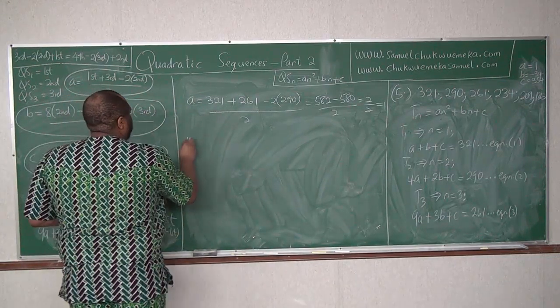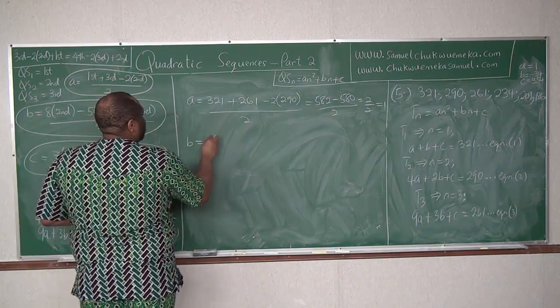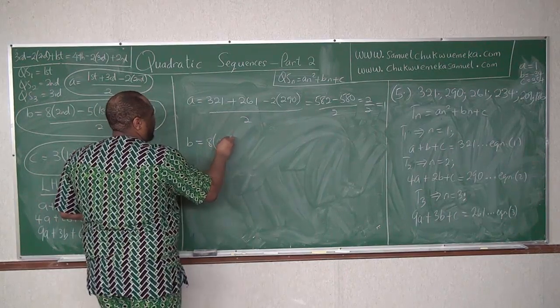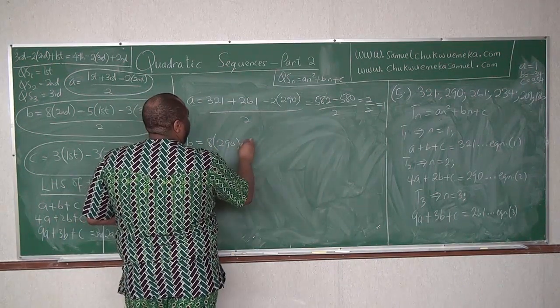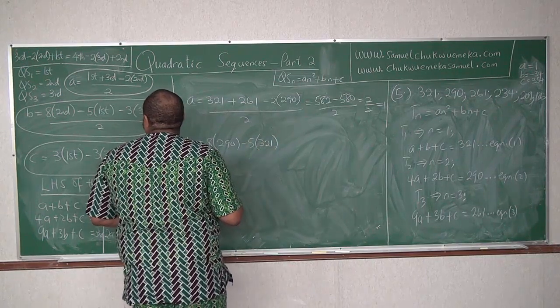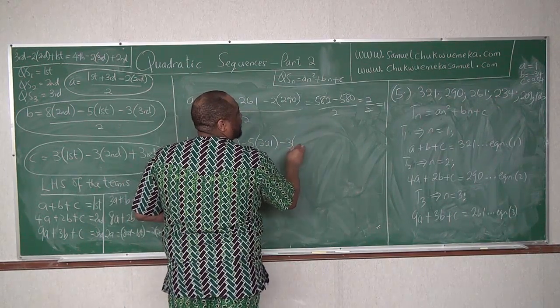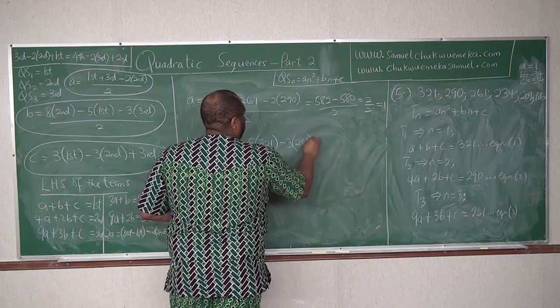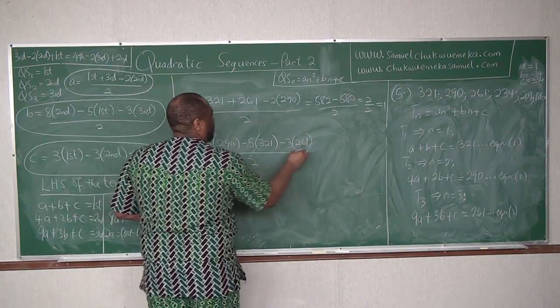Now b is 8 times 290 minus 5 times 321 minus 3 times 261, all over 2.